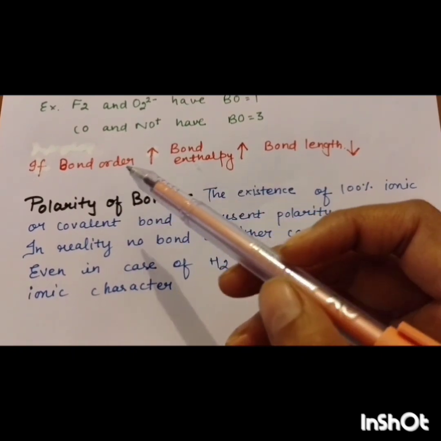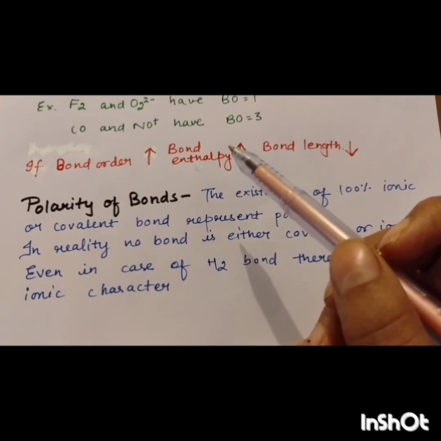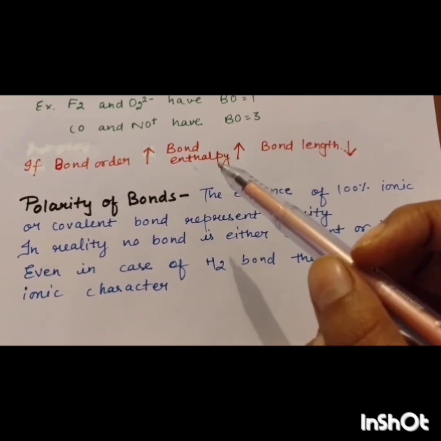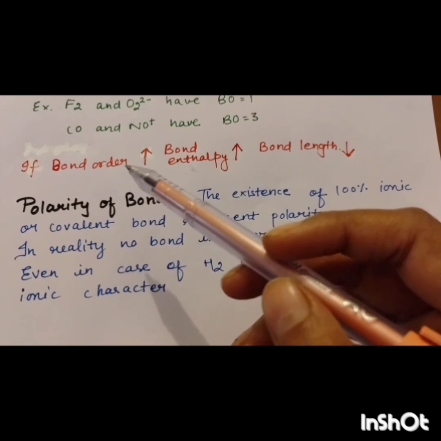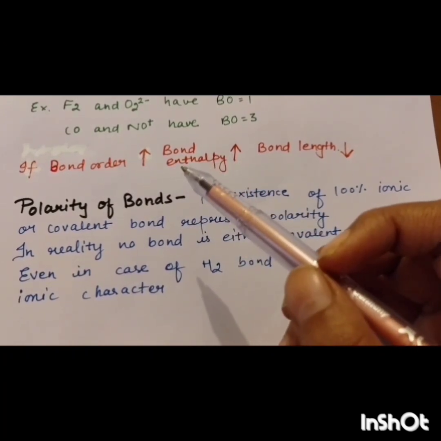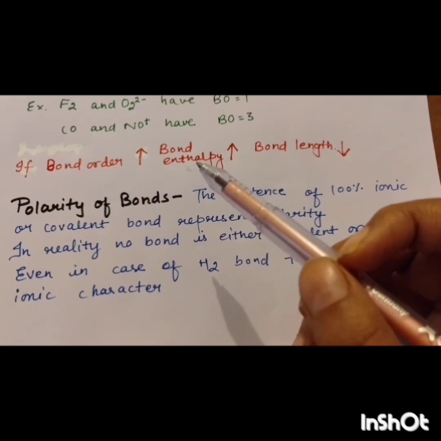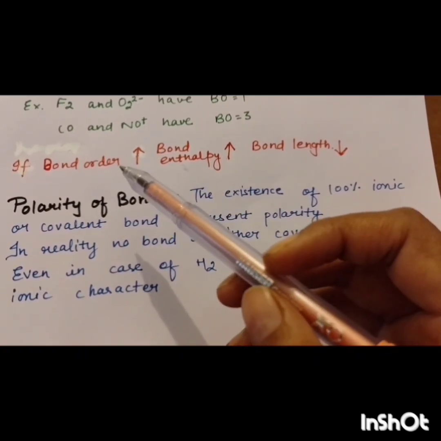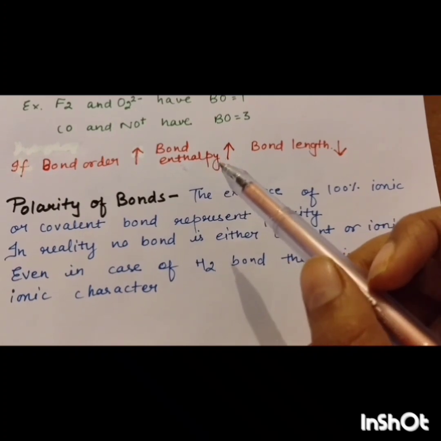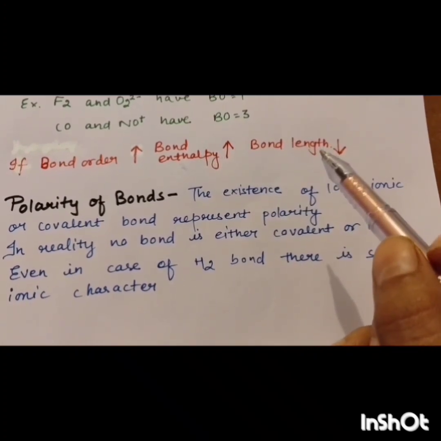If bond order is higher, then bond enthalpy is also higher, because with a larger bond order, more energy is needed to break the bond.